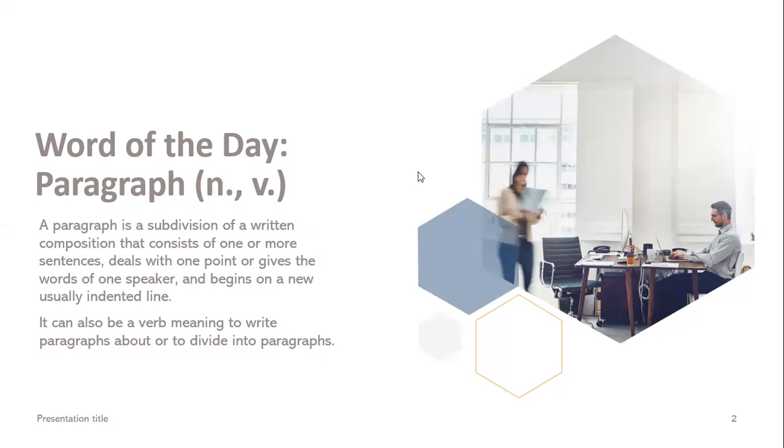So where does the word paragraph come from? Paragraph has multiple origins. It comes from the Middle English paragraph, meaning the marginal sign marking paragraph, the Anglo-French paragraph, and from medieval Latin paragraphos.